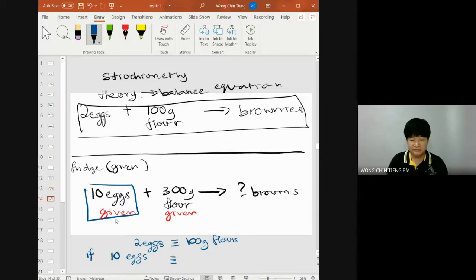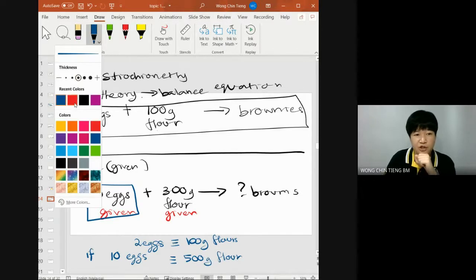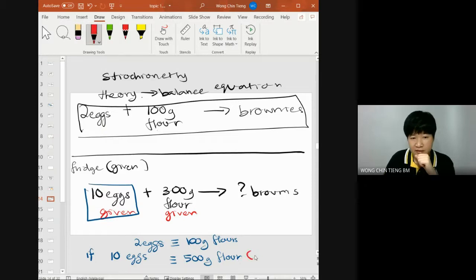I also calculate. 500. Alia say 500. Yang ni kira ya. I will have 500 gram flour and I have a new term over here: needed.